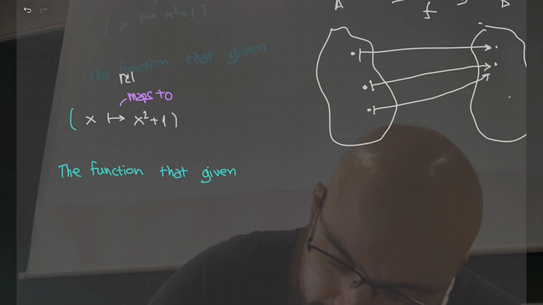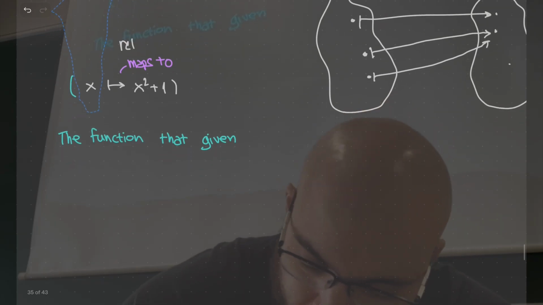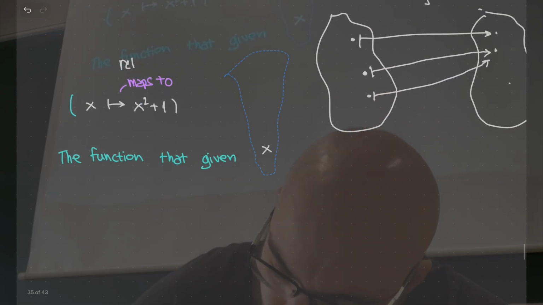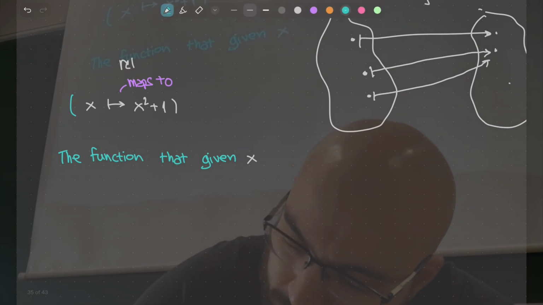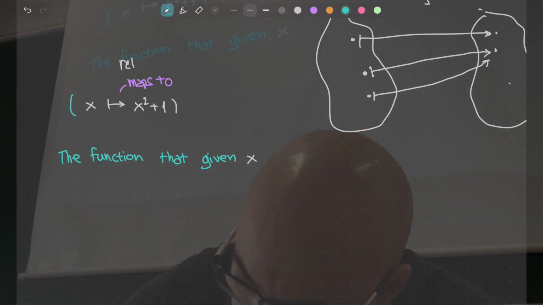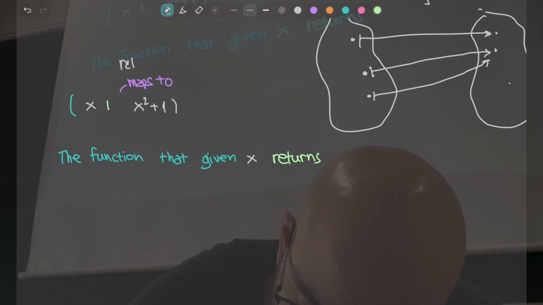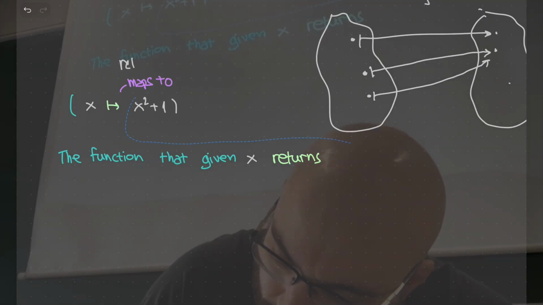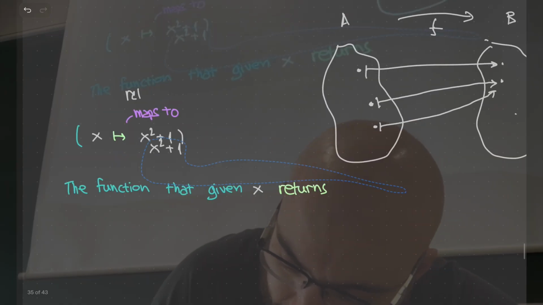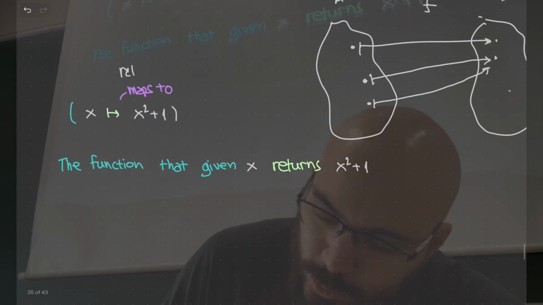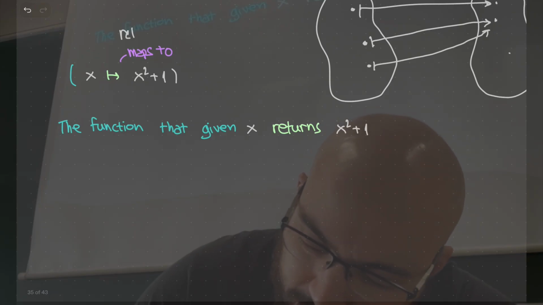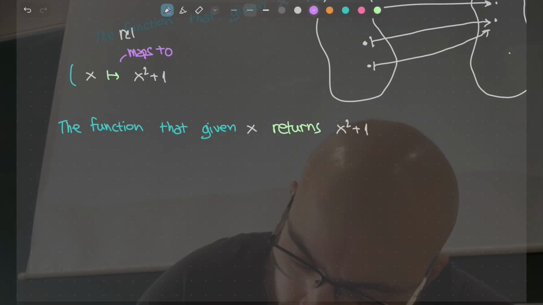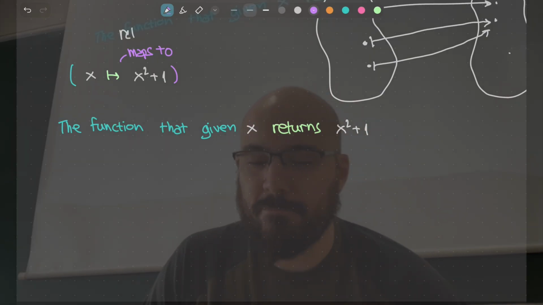So now I just copy paste the name of the argument here. I'm calling it x. Given x returns, maybe I should use a different color, returns. And now I just translated this symbol, and now returns this thing. And how do I pronounce the last parenthesis? It's silent. Returns this, nothing, okay?